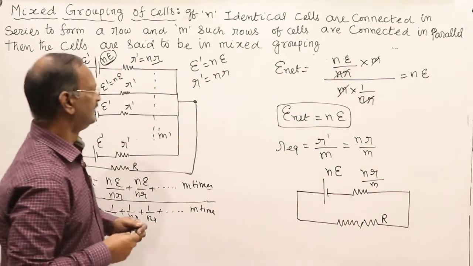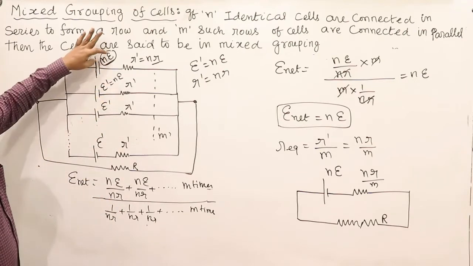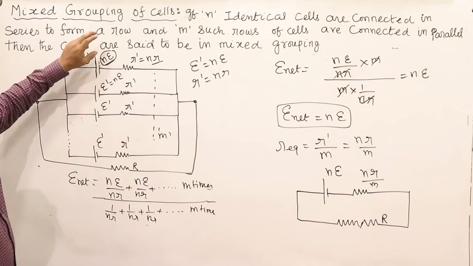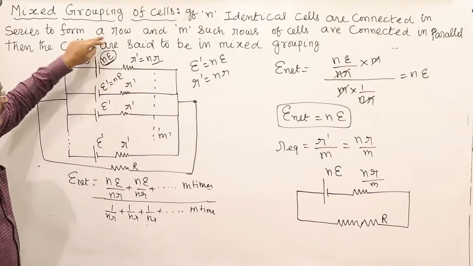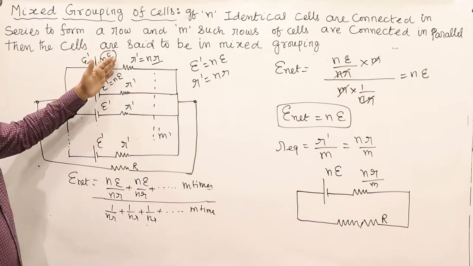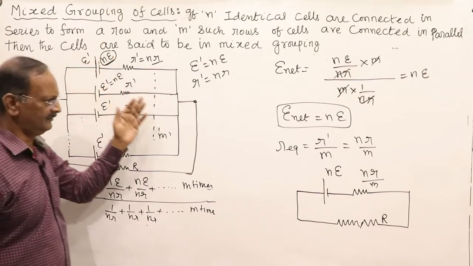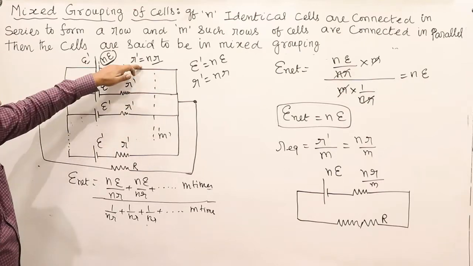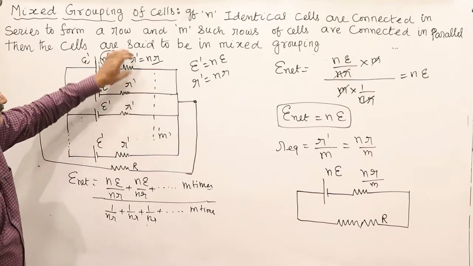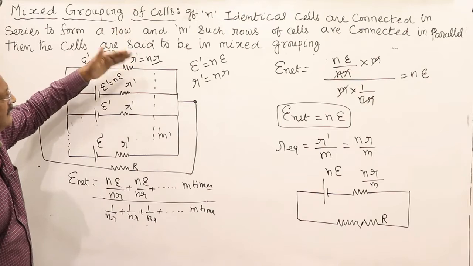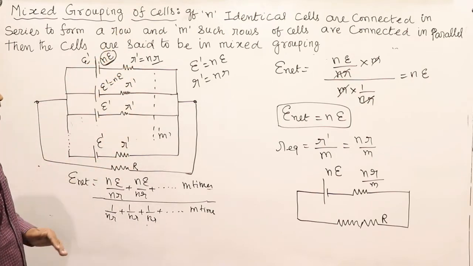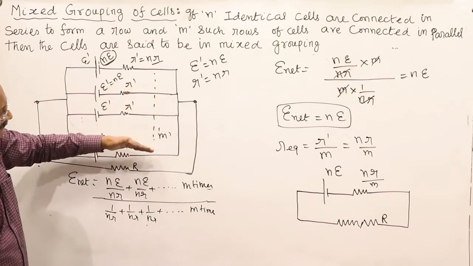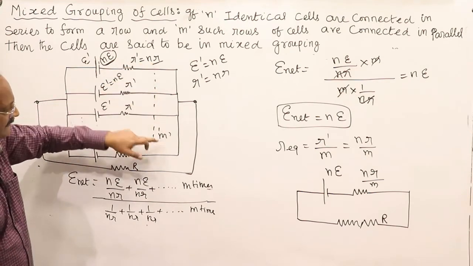Very simple. First we have converted this one to here: NE, NE, NE. For parallel, the net equivalent EMF is NE, that is the EMF of one single cell, which we have written here. And for this, all identical resistors are in parallel, so take any one resistor divided by the number of resistors in parallel, that is nr divided by m.